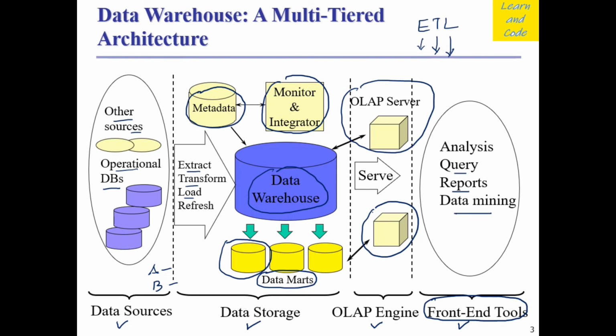Ultimately, after this data mining process, we'll have the required results, which is also termed knowledge, and this knowledge we can use for improving our business processes or doing various types of analytical operations. So this is the whole architecture of a data warehouse, and these are the different components of it.